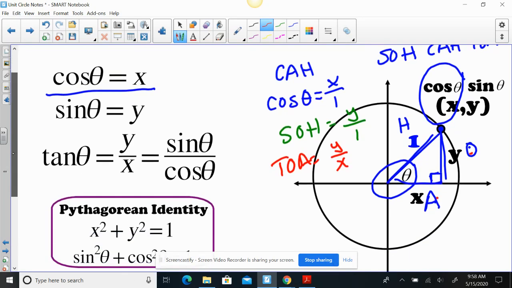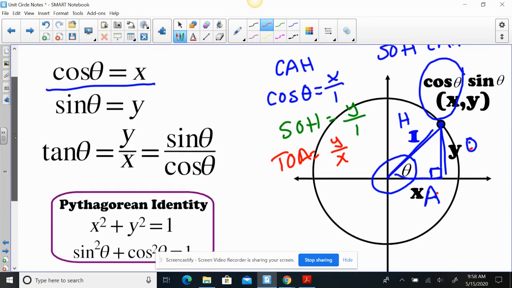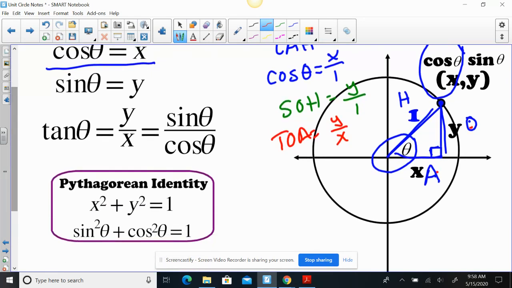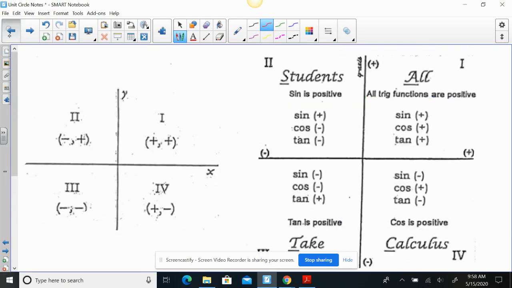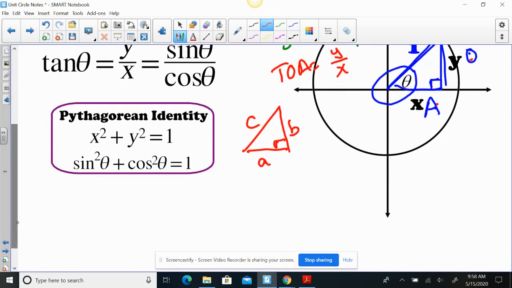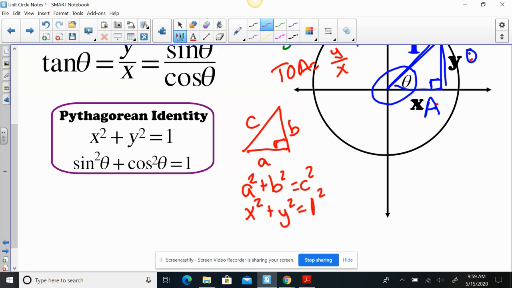One more thing that shows up in Math 3, that really at this point you just have to understand where it comes from. If I have any right triangle, remember that I could do a, b, and c, and a squared plus b squared always equals c squared. Well, in the unit circle, our a, I'm just going to put in as x squared, b as y squared, and c, since it's a unit circle, is 1, and 1 squared is 1.